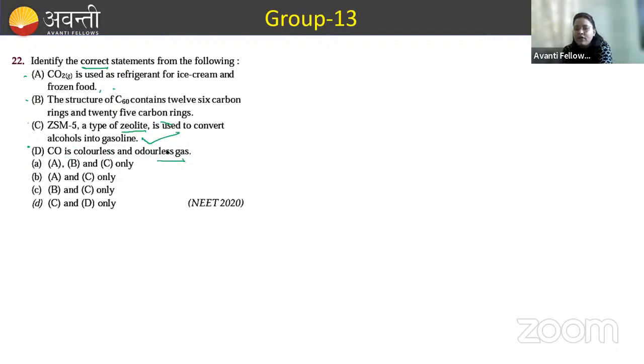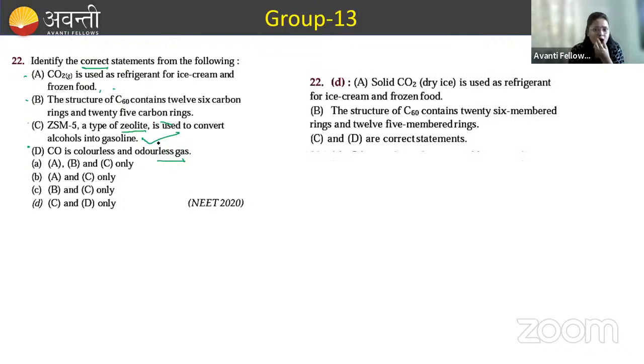So here, when we talk about the options now, solid CO2, which is dry ice, is used as a refrigerant for ice cream and frozen food. We don't use normal CO2; we use solid CO2. Okay. The structure of C60 contains 26 membered rings and 12 5-membered rings.